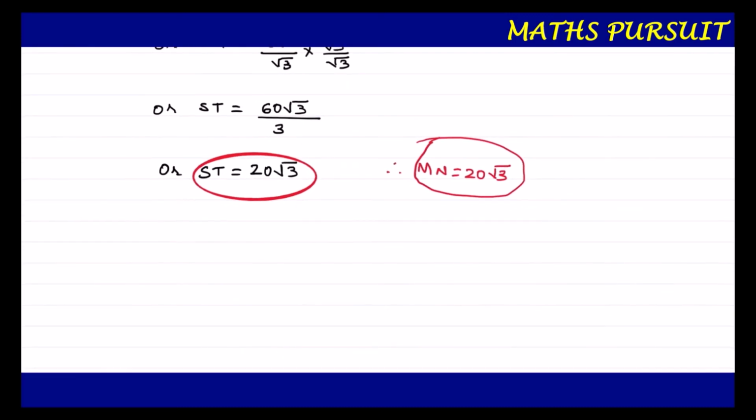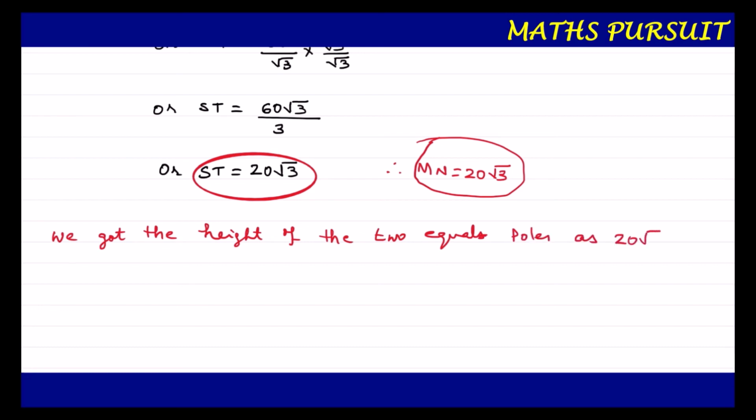But let us write down the concluding note. The concluding note will say that the question says find the height of the poles first. So we can write, we got the height of the two equal poles is 20 root 3 meter. This is one part of the answer.